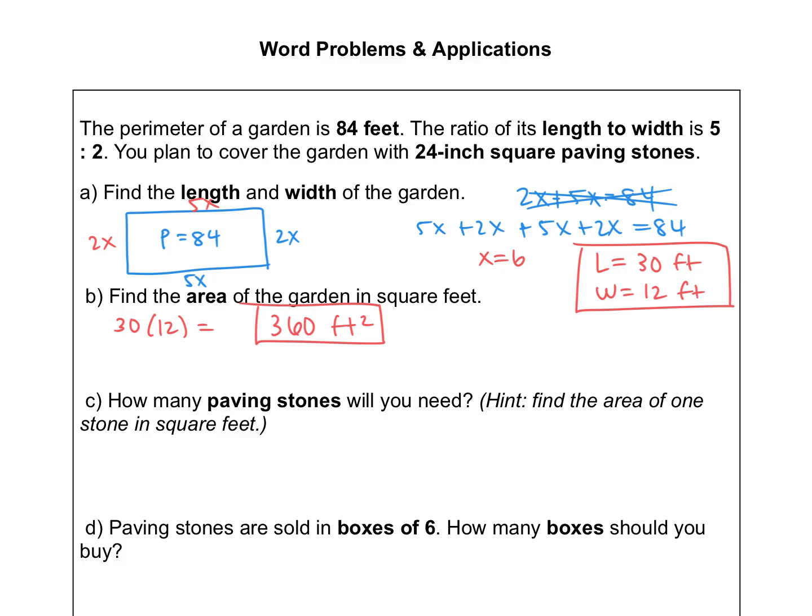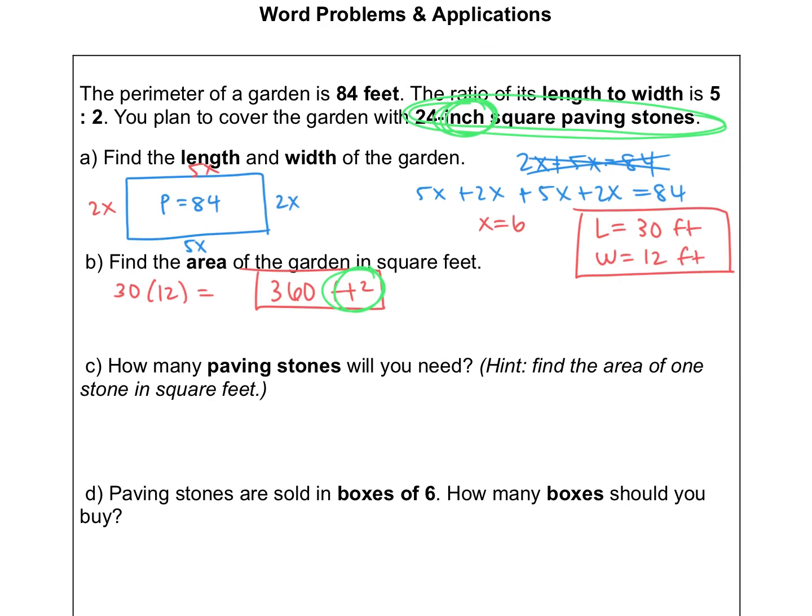If we look back at the problem, here are our paving stones. They are 24 inches. What is the big issue that we notice, or the big difference? Okay, it's inches and feet. That's a really big deal.